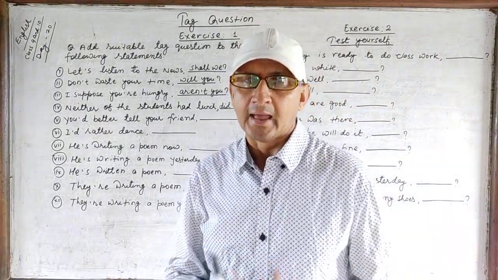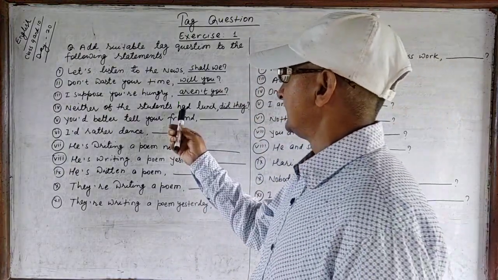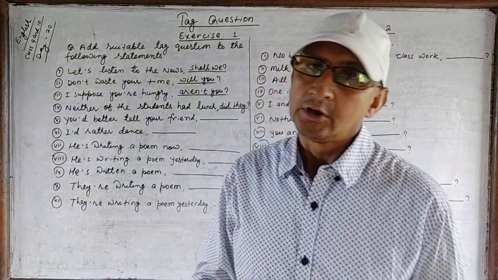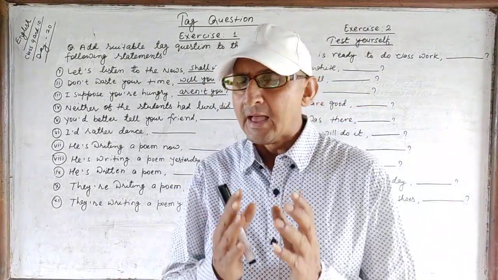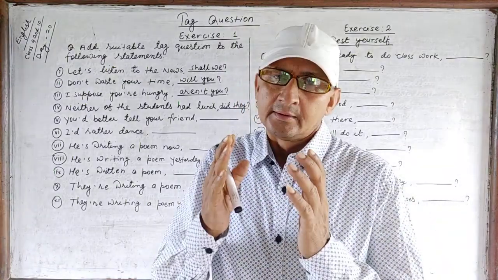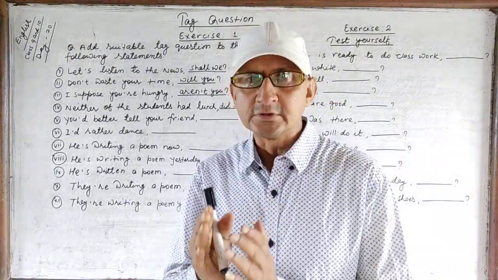Okay. And another thing you have to know is that had is used as a main verb, not an auxiliary verb. Okay. When have is used as a main verb in the statement, we use the do verb.